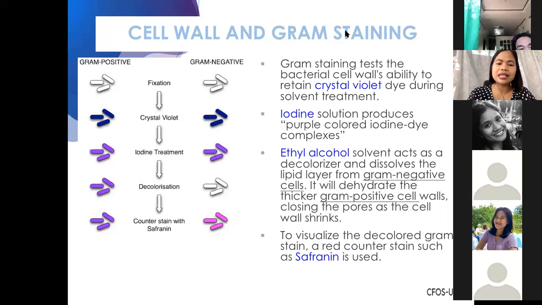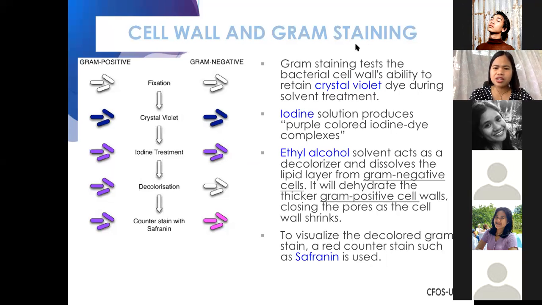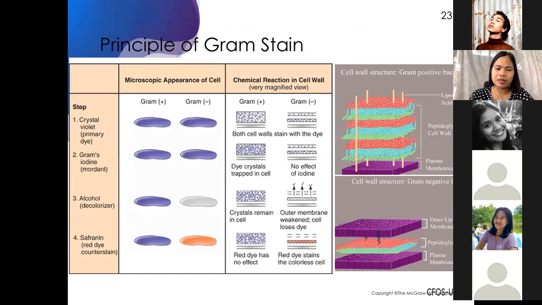Who can explain the reason or the principle behind the decoloration of gram-negative bacteria? Because the lipid layer is dissolved, ma'am. Yes, because, as you noticed earlier, let's go back to the structure. Here is the answer on the previous slide.